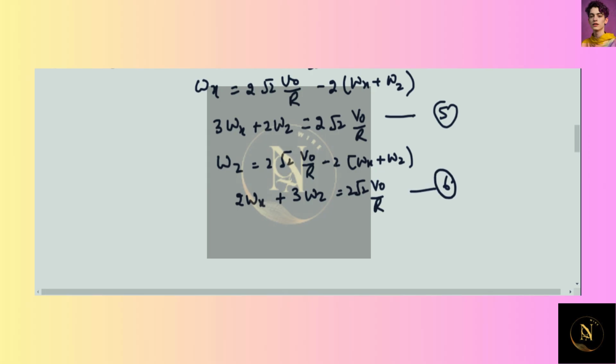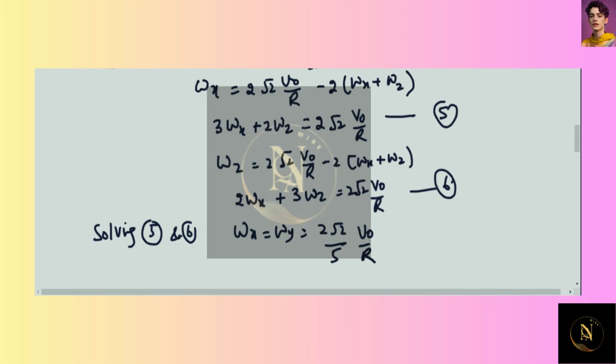Solving equation 5 and 6, you will get omega x equal to omega z equal to 2 root 2 by 5 v naught by r.